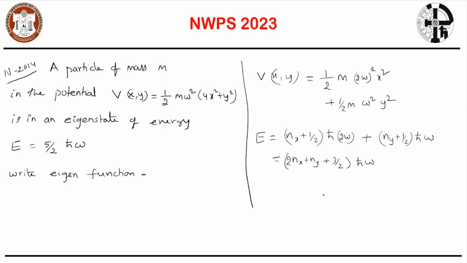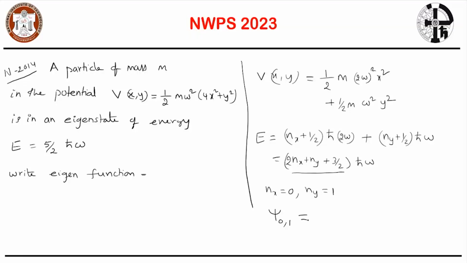You can check, this is what it is. Now this whole thing is 5/2 according to the problem. So what values should we put in so that it becomes 5/2? You can convince yourself that it's nx = 0 and ny = 1. Then only this becomes 5/2. So that's how you figure out the particle in the system is in the state ψ(0,1).